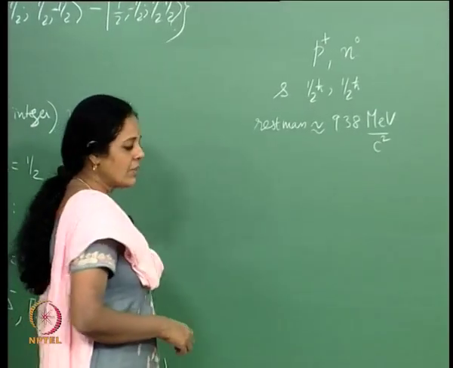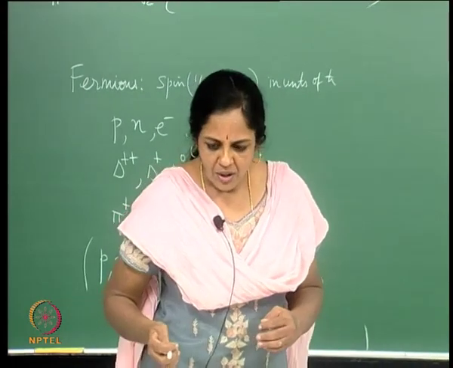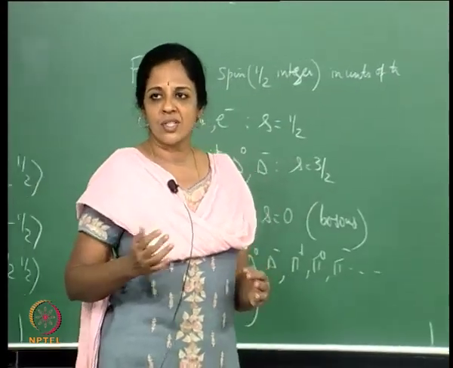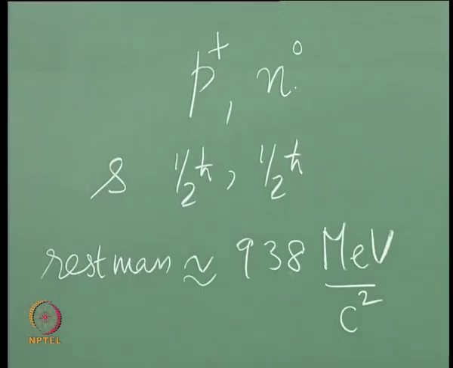There are other quantum numbers which I need not introduce now, such as the baryon number, strangeness, and so on. It turns out that the proton and the neutron have the same values for these quantum numbers.